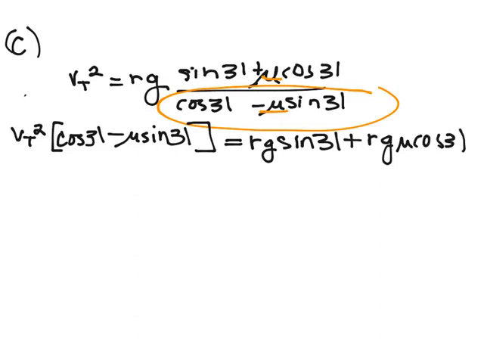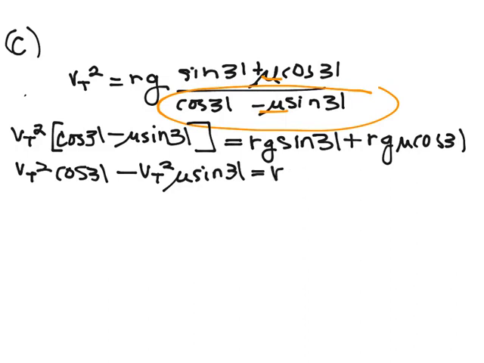This vt squared is also going to distribute. I have vt squared cosine 31 minus vt squared mu sine 31. And I'm just going to bring down what I had on the other side.